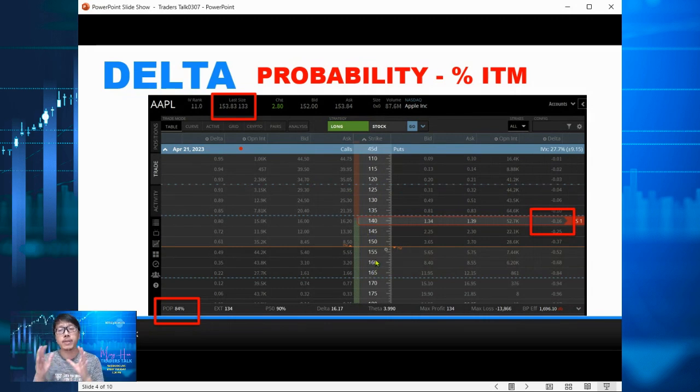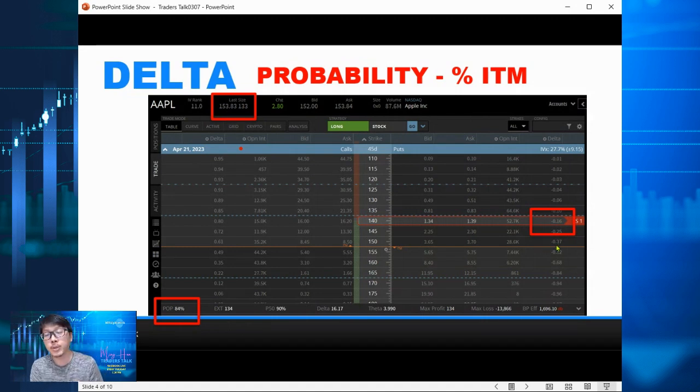The metric which we always look at is delta. If you move towards the right side here, you can see a column called delta, and at this orange line the strike price is at the money, which is more or less similar to the current stock price.